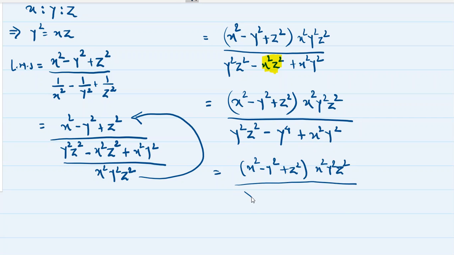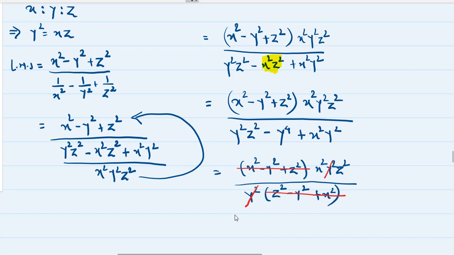Okay, y square will come out common. You get z square minus y square plus x square. Z square minus y square plus x square will get cancelled from numerator and denominator. Now this y square also will get cancelled in numerator and denominator.